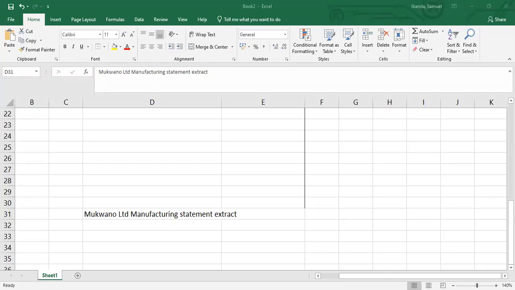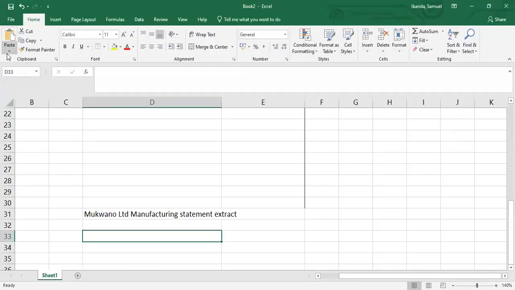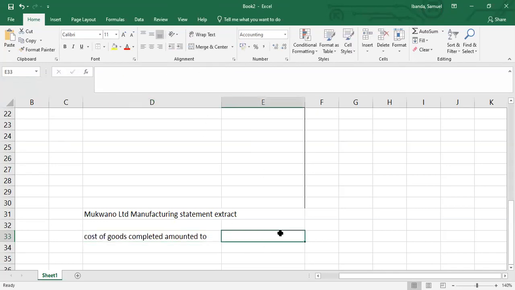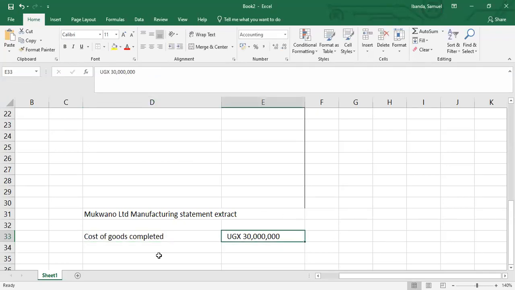So let's see. They have told us that the cost of goods fully manufactured or completed stands at 30 million. So this is what we shall have. I'll just pick this value. Our cost of goods completed is worth 30 million.